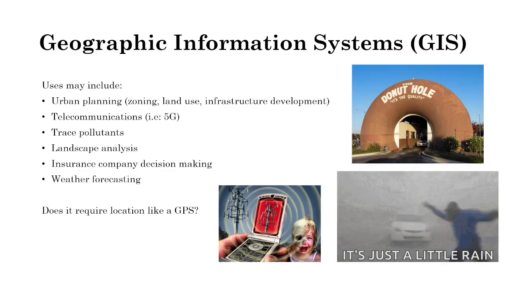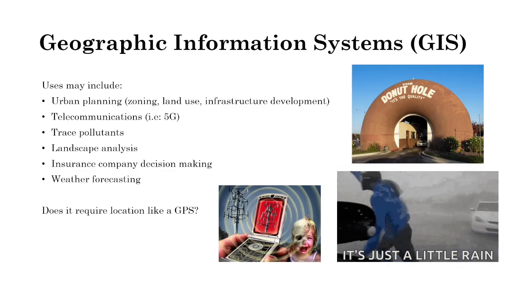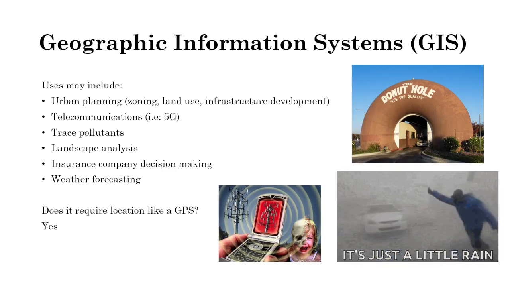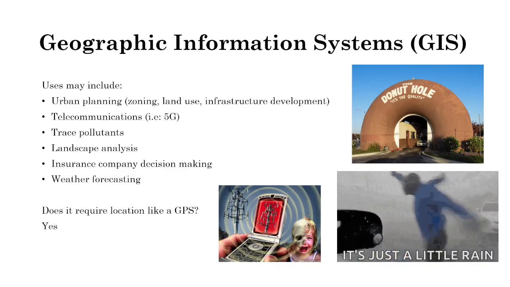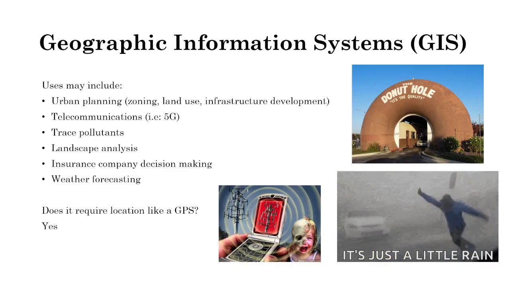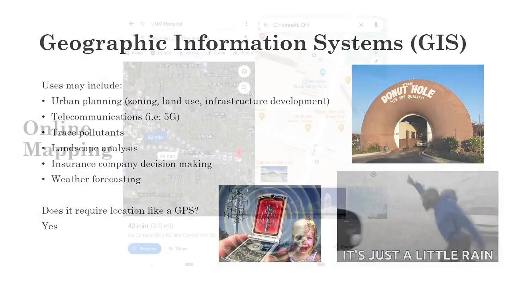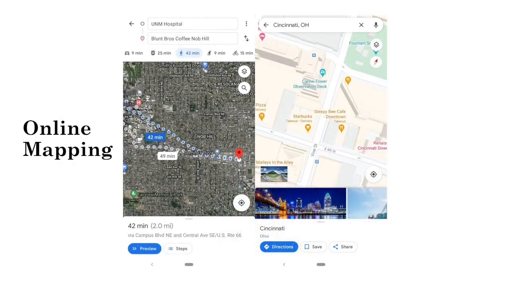Now, does a GIS require an absolute location like a GPS? Yes, it does, because we're talking about geographic data, and geographic data is tied to a location. So you use a GIS a lot, probably, if you use Google Maps or Apple Maps. So yeah, these are examples of GIS. They're considered online mappings.